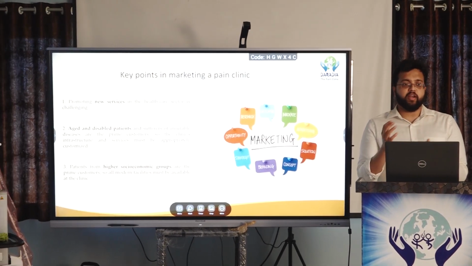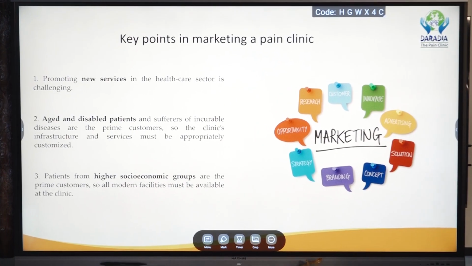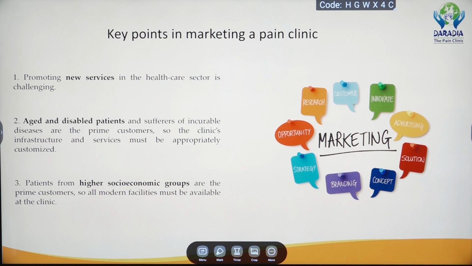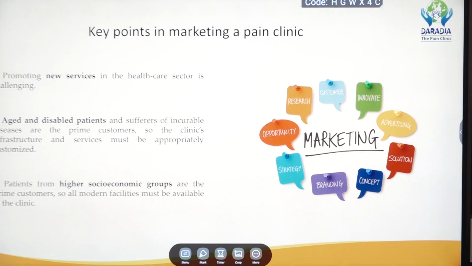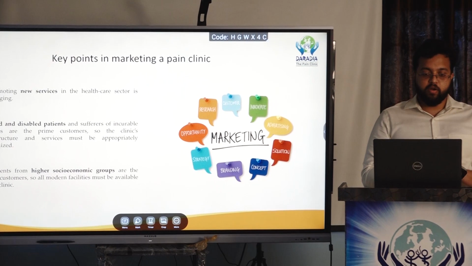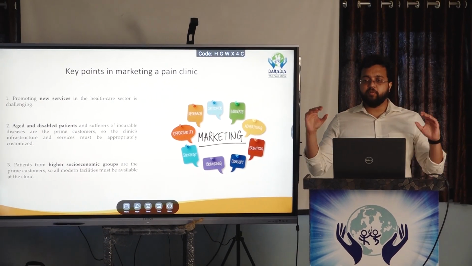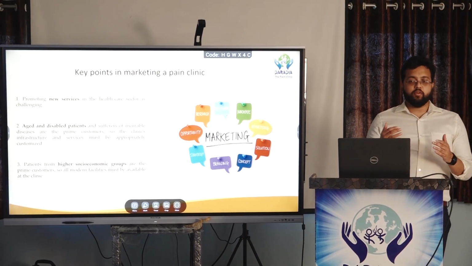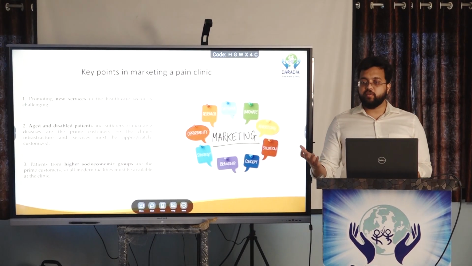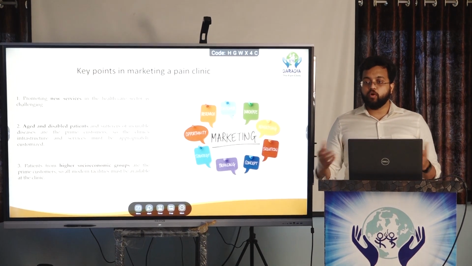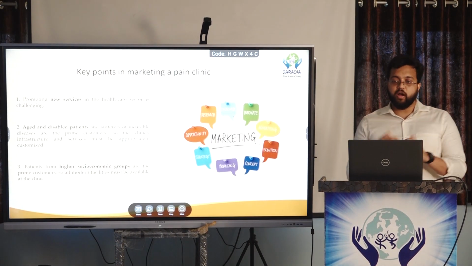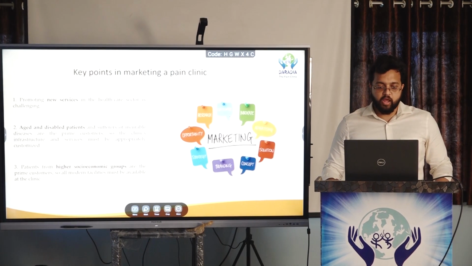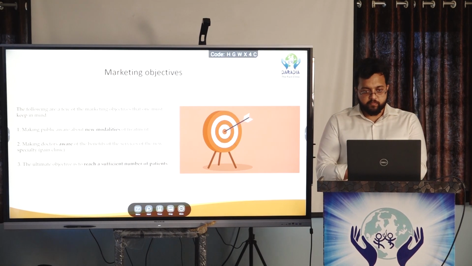I think in this bracket you'll find a lot of people who have the means to get the treatment, but not the awareness around the treatment. Right? So that is a large portion that you can check out, and targeting people from higher socioeconomic groups for the same reason as I've been sharing earlier, that these are going to be people focused on their ease of living, on improving their quality of life. Right? So higher socioeconomic groups ranging from middle to higher socioeconomic groups.